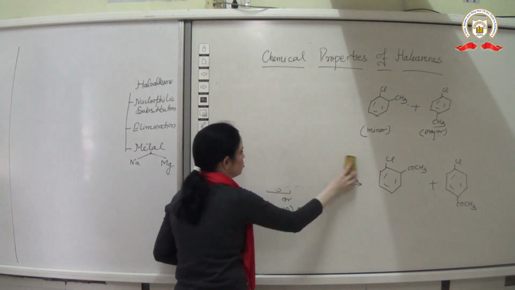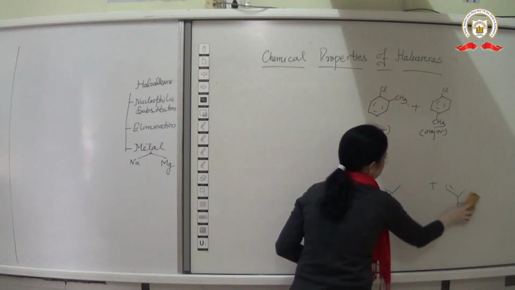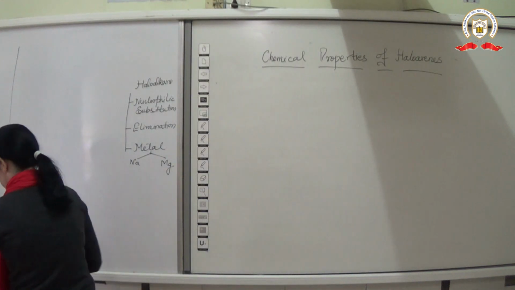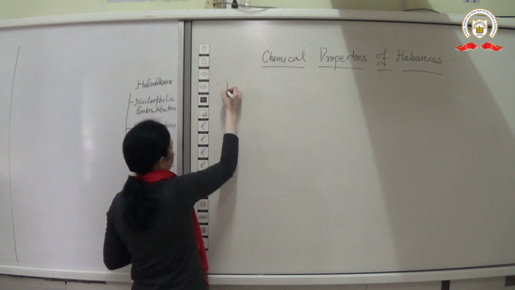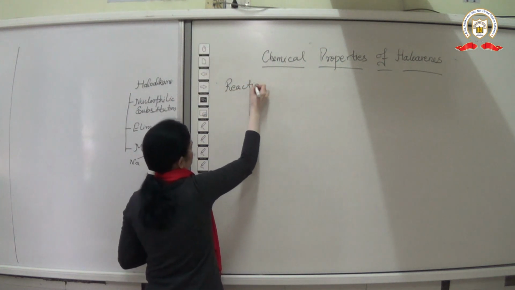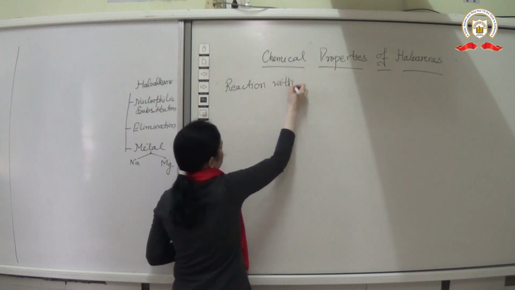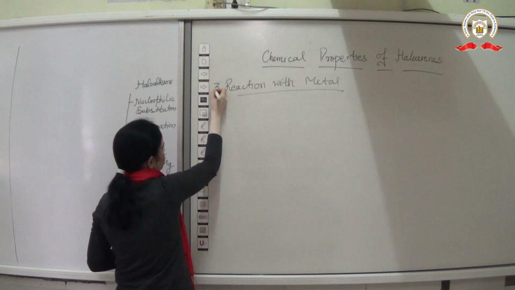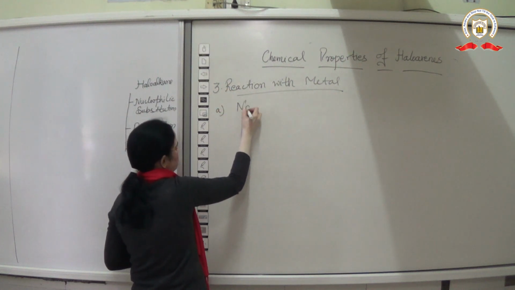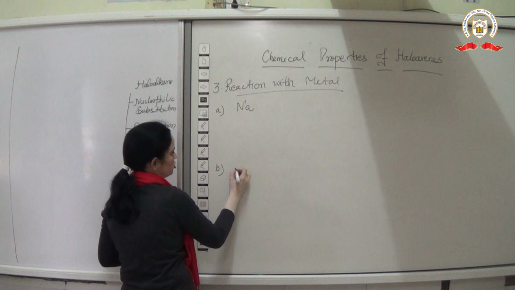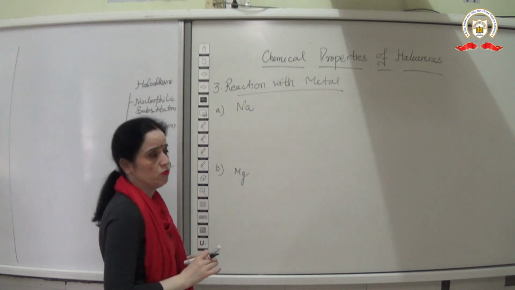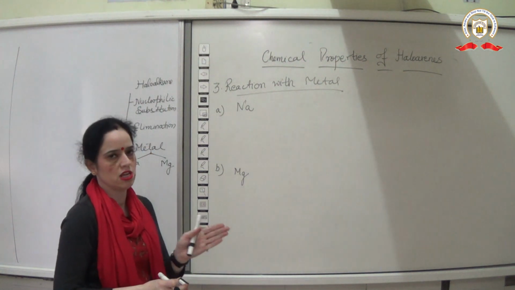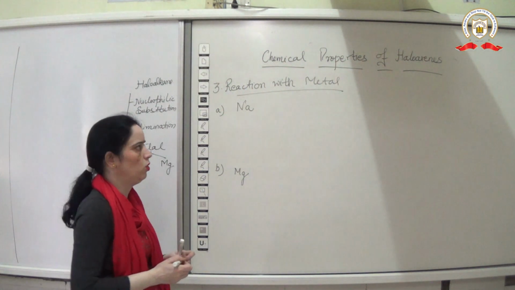Reaction with metal. Here also the metals are the same: sodium and magnesium. Sodium makes us remember the Wurtz reaction, but the Wurtz name is given in the case of haloalkane.